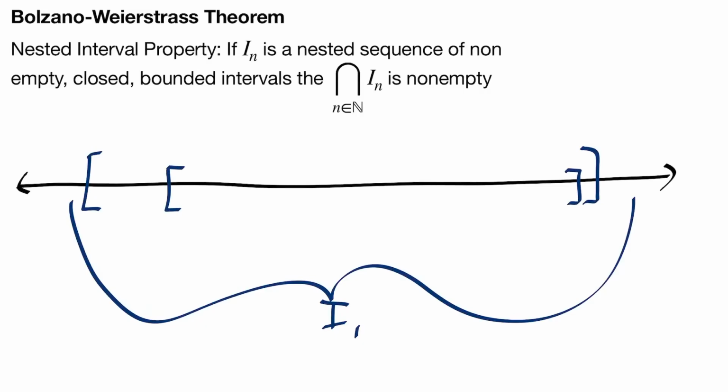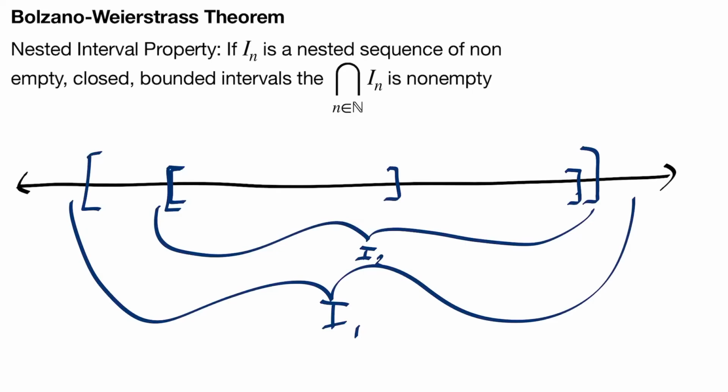And a nested interval just means that each endpoint, it could actually be at the same spot, but it's not further out. So maybe that interval right here will be our interval I2, and then maybe we'll create another one. We could even use the exact same endpoint there, and then come here, and then that one could be I3, etc.